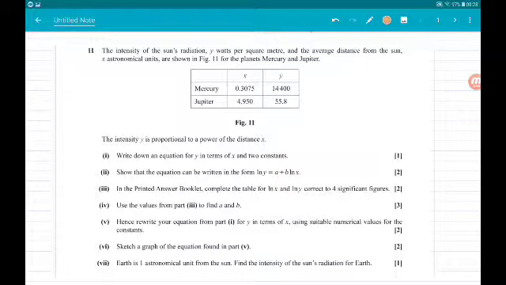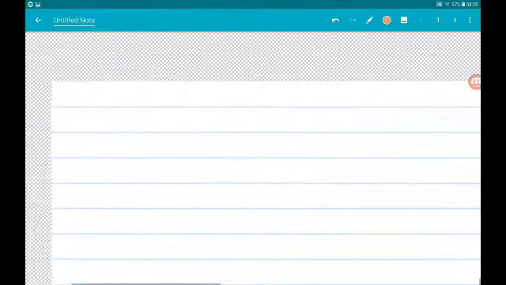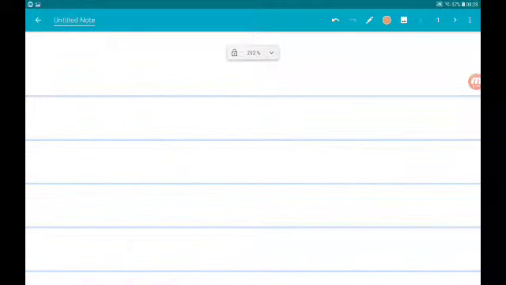Okay, so first of all then, if y is proportional to some power of x, we say y is proportional to x to the power of, let's say, n.